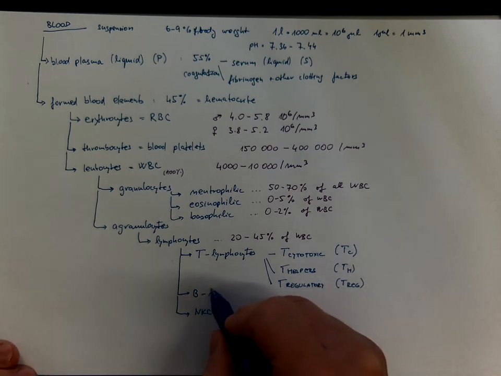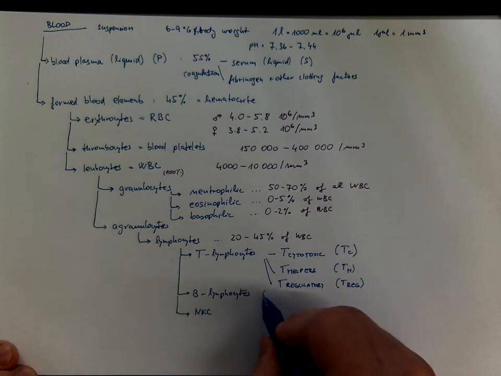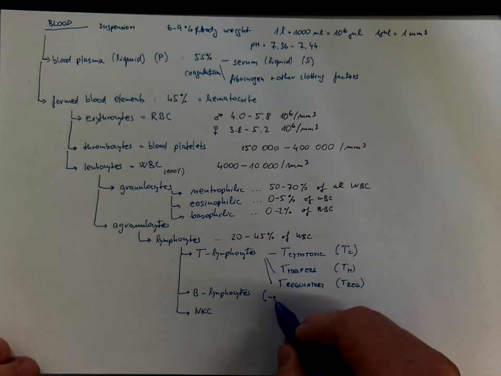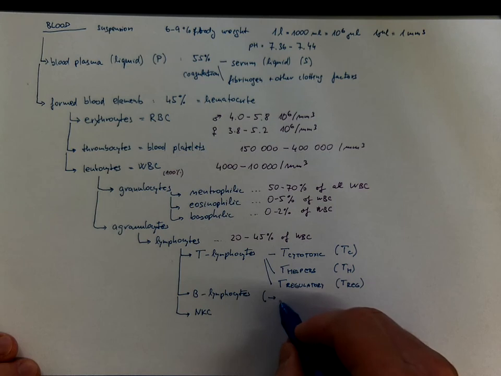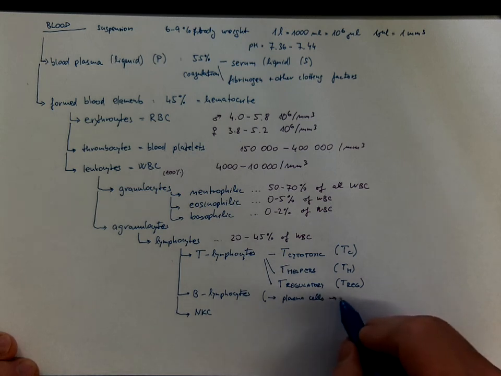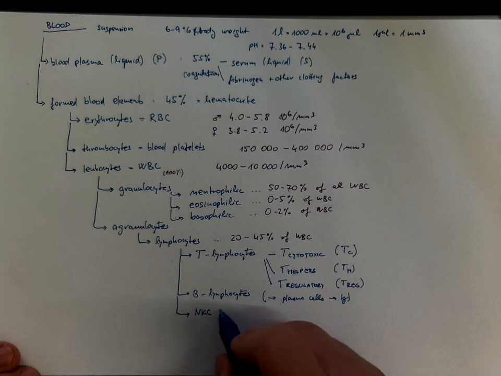Then we have the B lymphocytes. We have met these cells before because we know that once activated, they can migrate into tissues where they differentiate into plasma cells of connective tissue that are producing immunoglobulins, okay, antibodies, and natural killer cells.